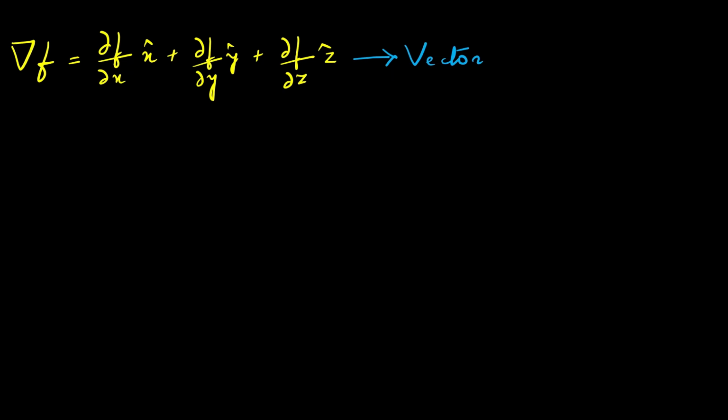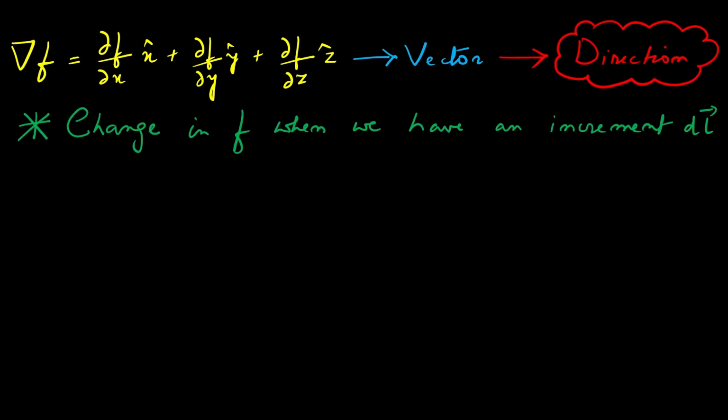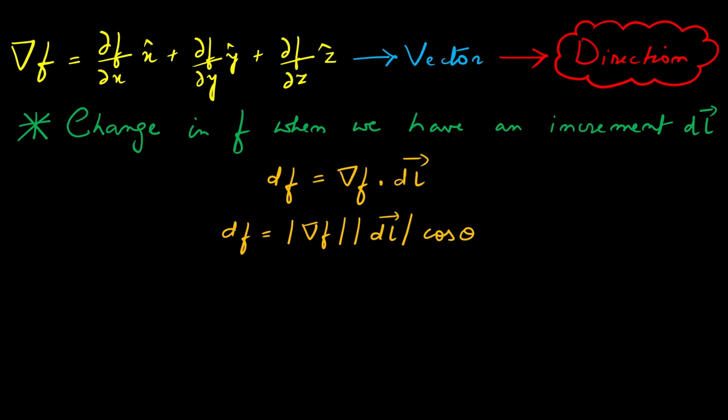But what is the direction of this vector? Now, if I want to calculate the change in f when we have an increment of dl vector, then the expression is given by this. This is a dot product between the gradient of f and the increment vector. Now, this dot product can be written as the product of the magnitudes and cos of the angle between the two vectors.